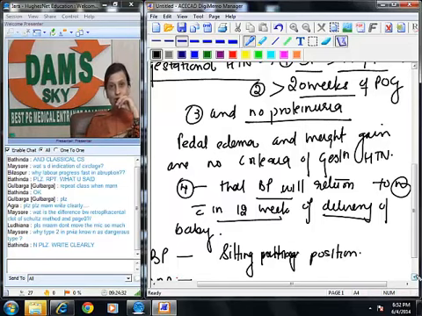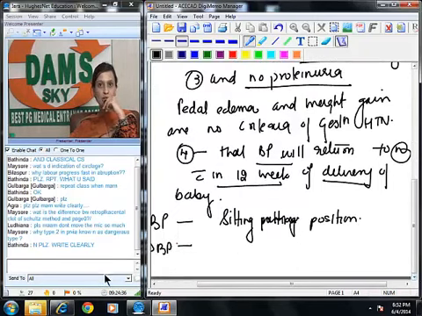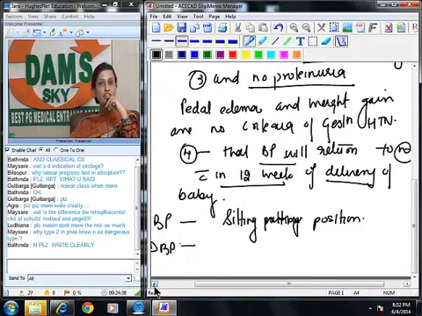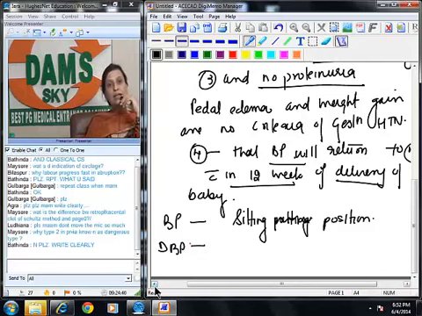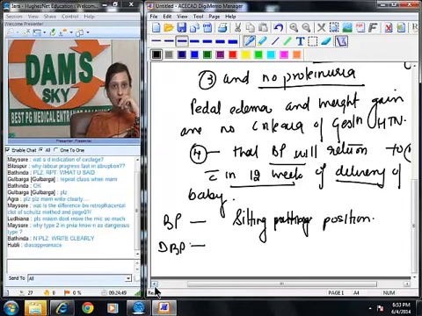Also, when we are taking the diastolic blood pressure, which Korotkov sound should be taken in a pregnant female to measure the diastolic blood pressure? Yes, disappearance of which Korotkov sound should be used to pick up the diastolic blood pressure in a pregnant female?